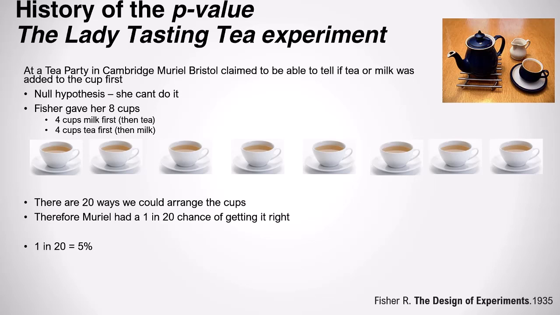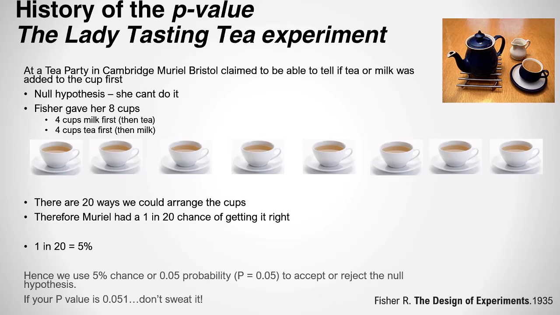It's only a 5% chance, 1 in 20, and wouldn't you know it, after using the 5% or 0.05 probability value to accept or reject the null hypothesis, this is where the p-value of 0.05 that many of you use as the golden something or other, I can't think of an example.